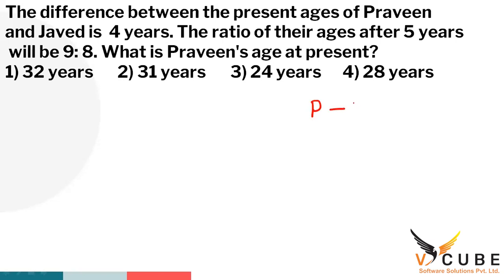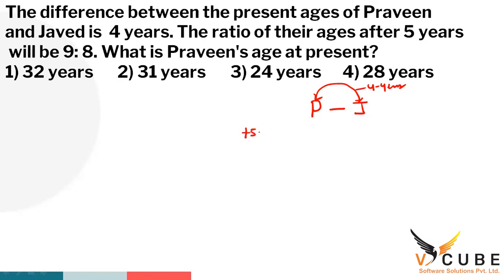The difference between Praveen and Javed is 4 years. A very good question. The ratio of their ages after 5 years will be 9:8. The difference between Praveen and Javed is 4 years.